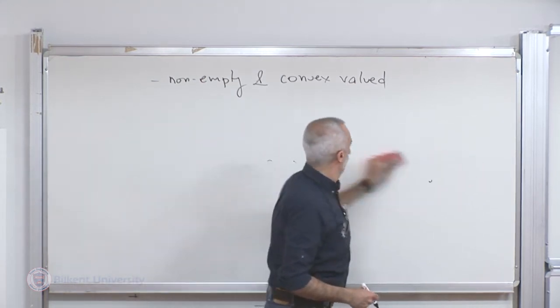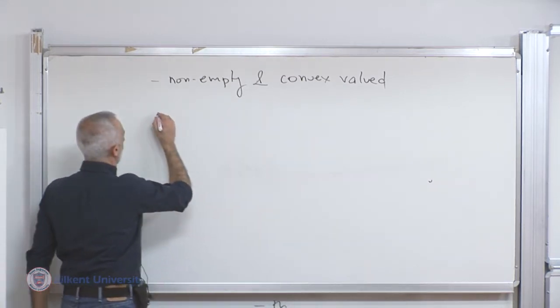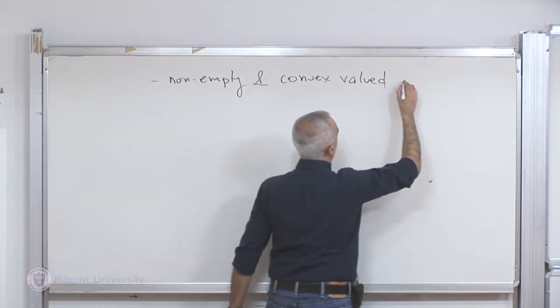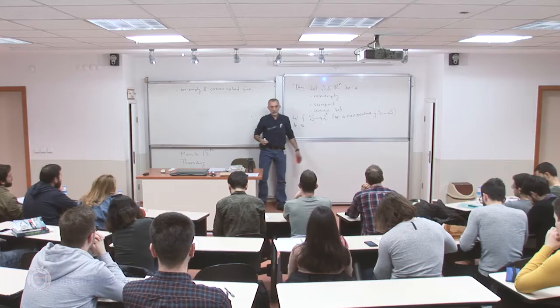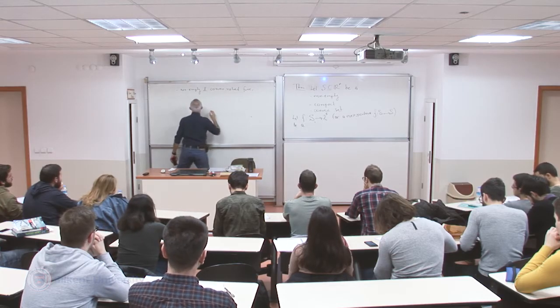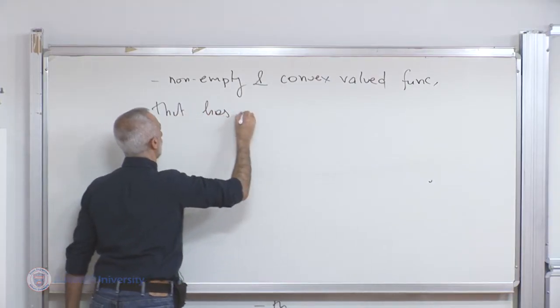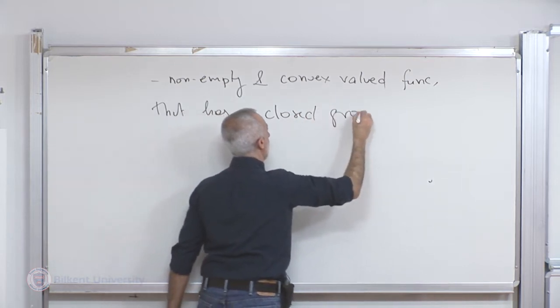Okay, be a convex valued function. Since we wrote it like that, I'm going to refer to it as a function that has a closed graph.